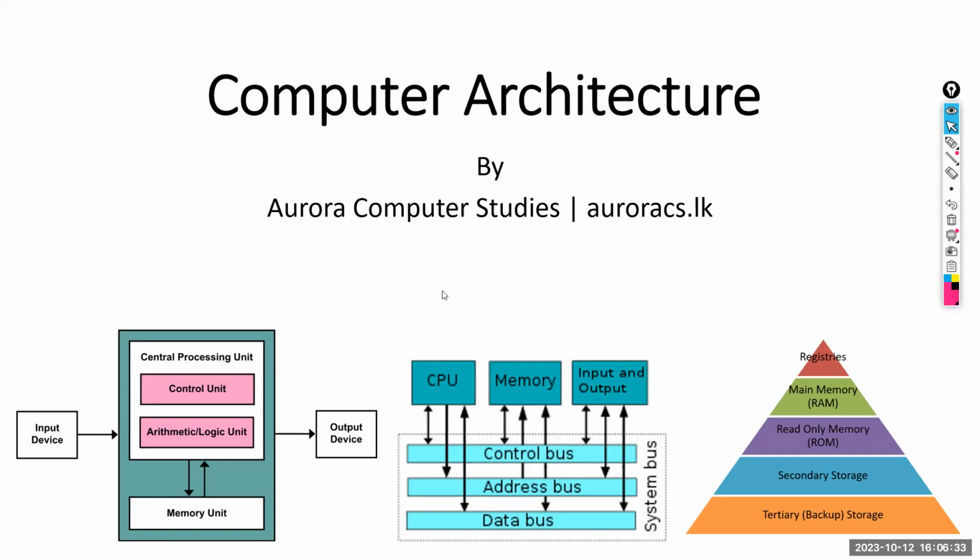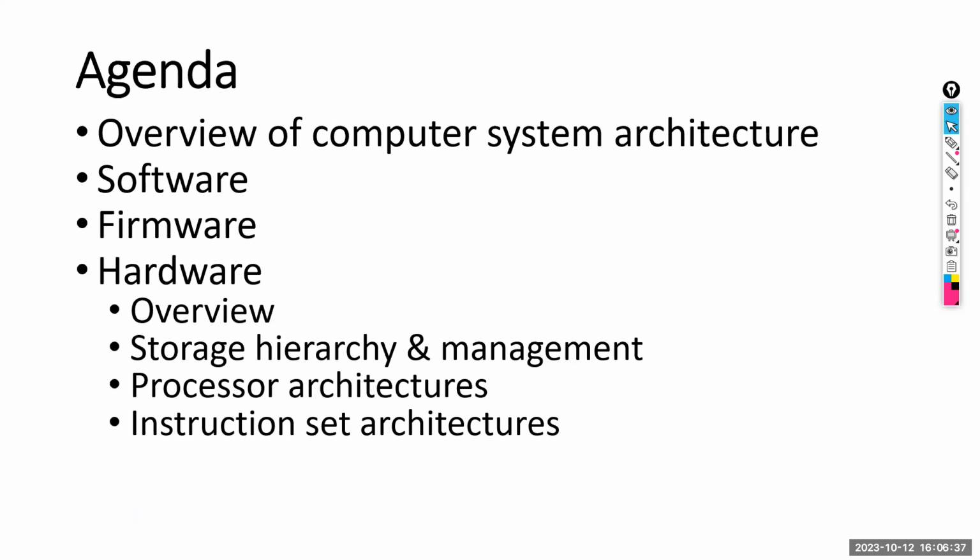Already we have discussed that the computer has a layered architecture: the hardware, firmware and software. We will dig more into that architecture in this session. Let's see whether we can finish it, or maybe we can finish about 2/3 of this topic.